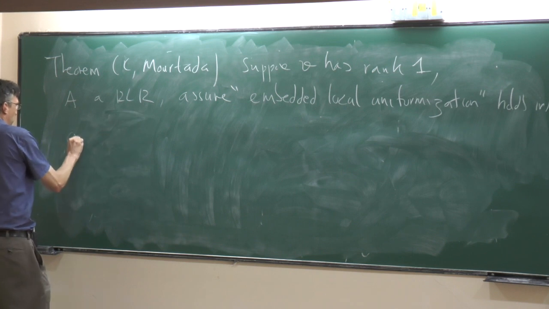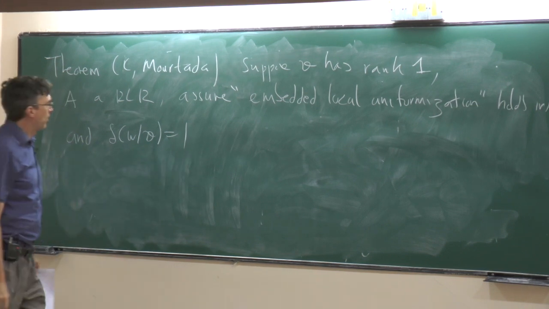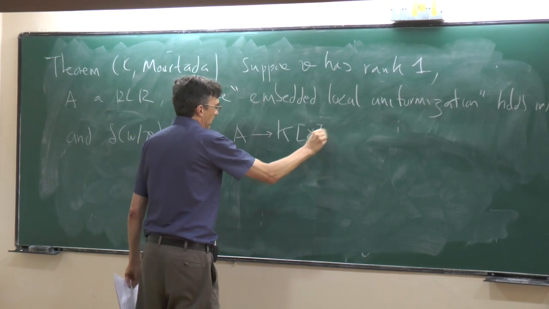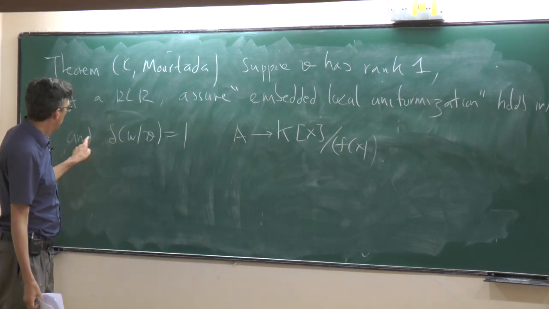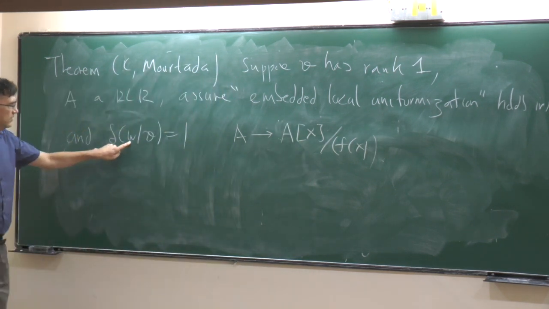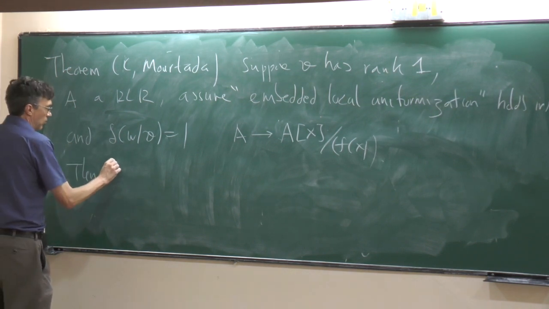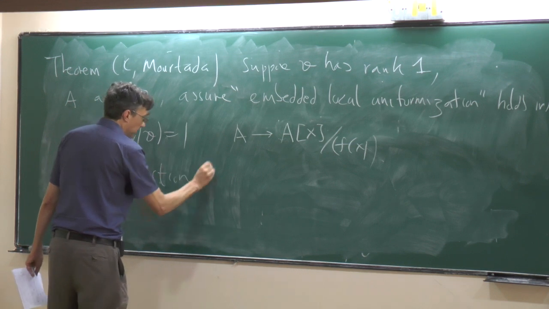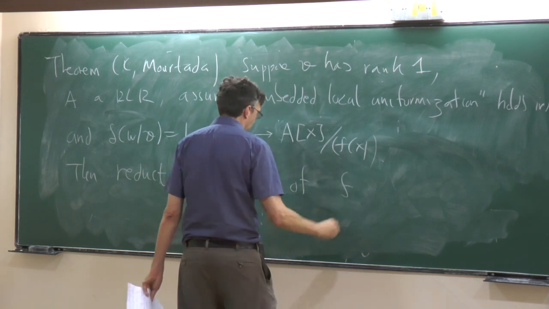Then here is the critical assumption. Here we have A into k of x mod f of x. This should have been A of x mod f of x, and we're assuming that the defect is 1. Then reduction of multiplicity of f is possible.